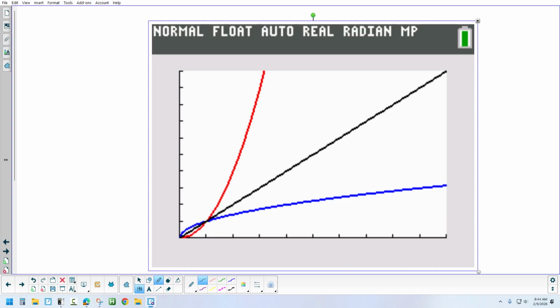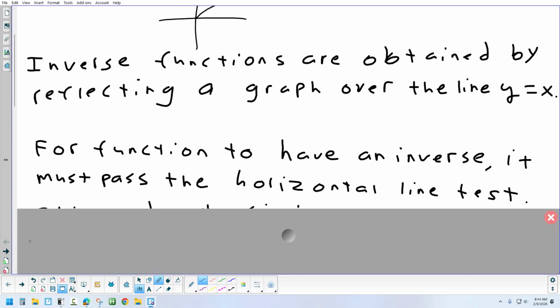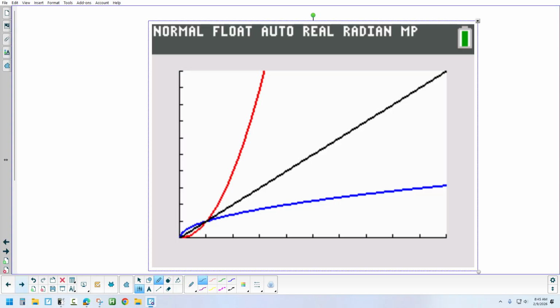So what we want to look at is an inverse trig function. Now, in order for a function to have an inverse, it has to pass what's called the horizontal line test. Similar to the vertical line test, except the horizontal line test says to pass it, you need to have a graph where you can draw a horizontal line, and it only hits the graph one time. Okay, so look at the graph of square root.